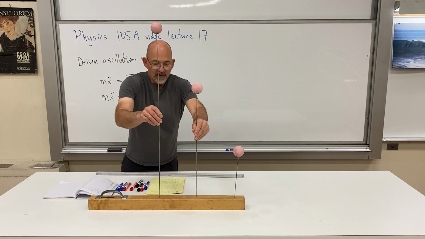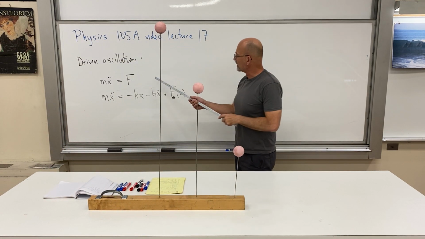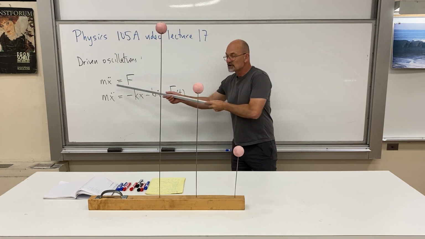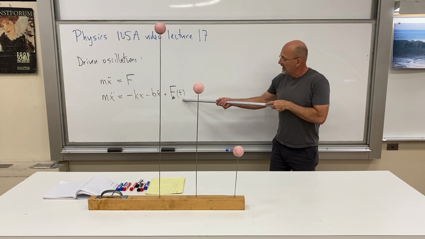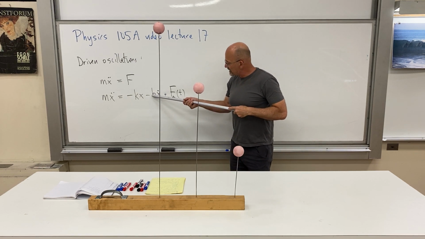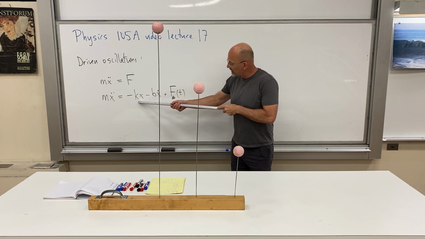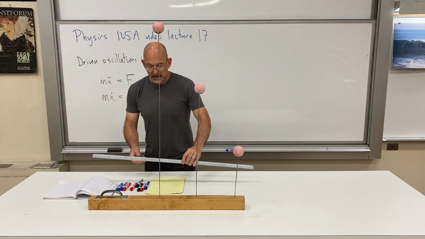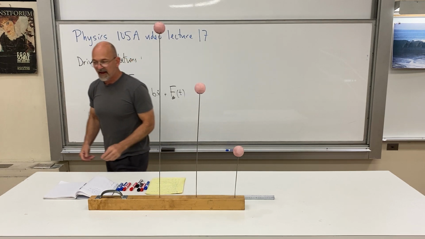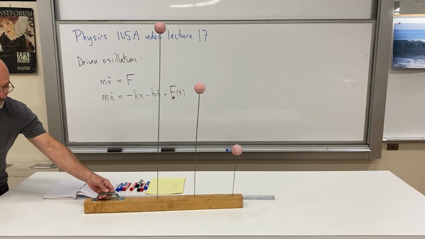So you can see driven oscillations have some interesting properties here. And that'll be this differential equation. The driving force was me, and the damping and the linear response to it and the mass are all pretty clear as well. Good. So I'm going to remove that and go back to the full board.